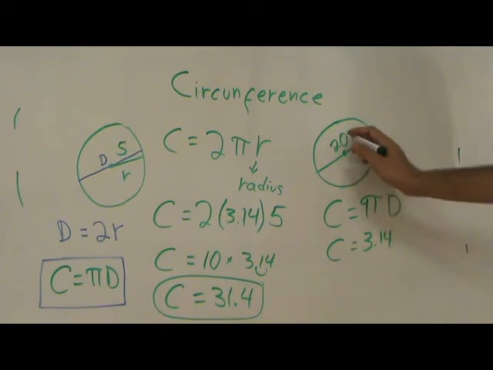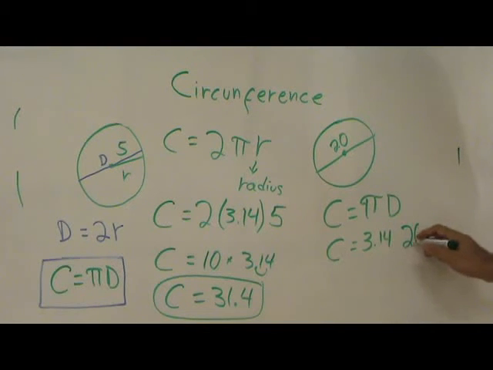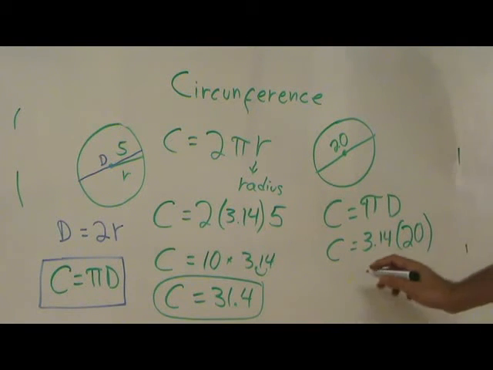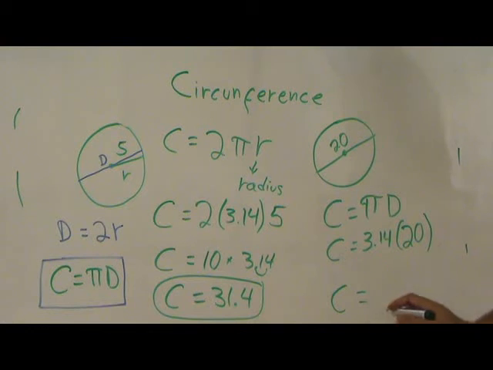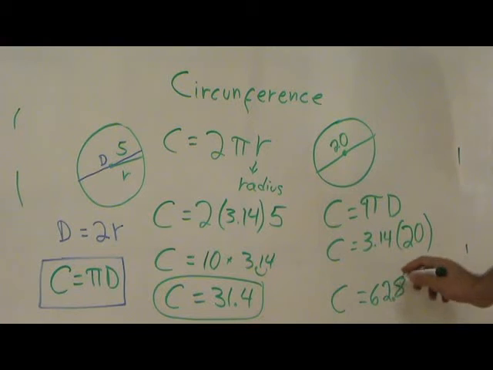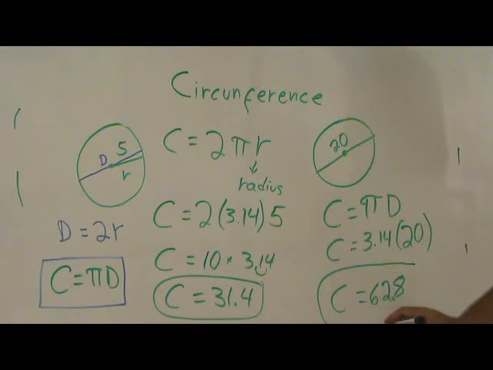And D, in this case the diameter, would be equal to 20. So we multiply, and we have C equal, here would be 8, 2, 6, and the point would be here. 62.8. That's the answer.